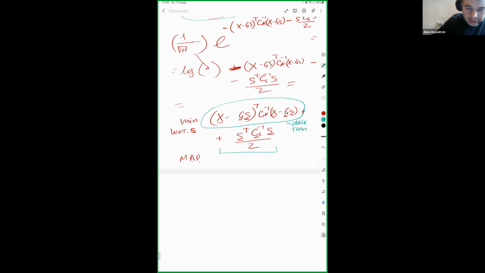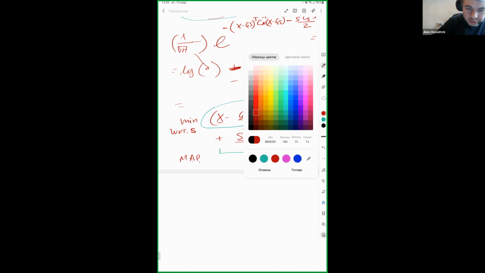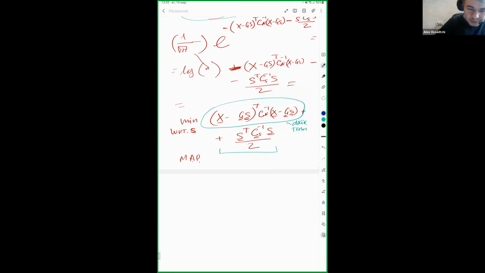This second guy, let me choose the color, let's put it blue. This guy is the prior term, which tells us that, in this particular simple case, although it may not necessarily be simple, the solution is a sample of a normal distribution with covariance matrix Cs.